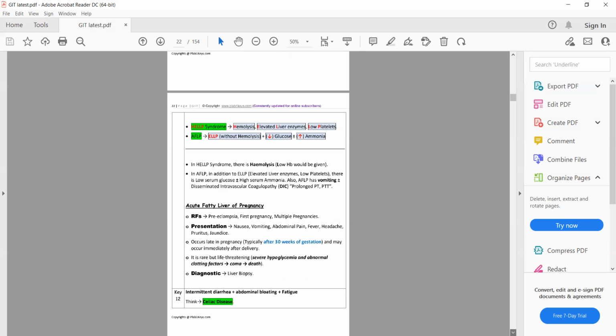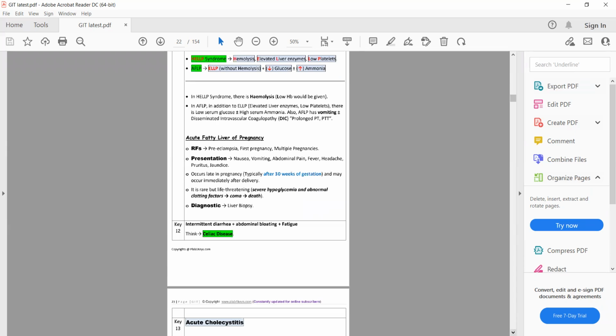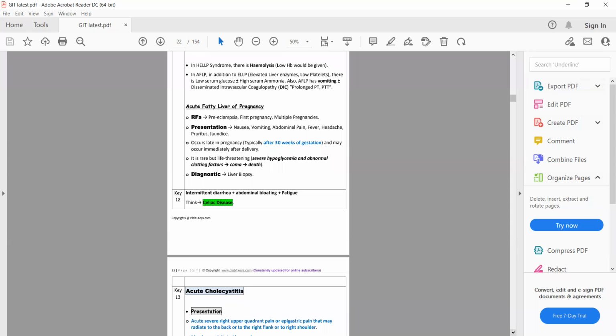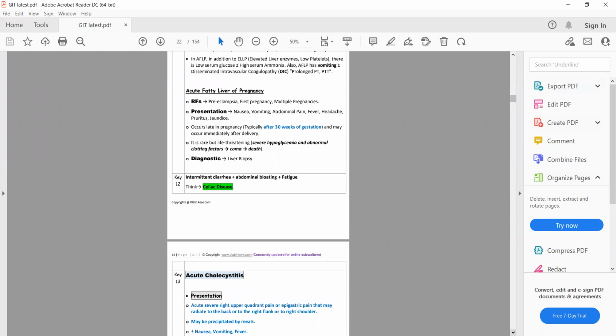Iron deficiency anemia is the most common anemia in celiac disease, followed by folic acid deficiency and B12 deficiency anemia, which are macrocytic.